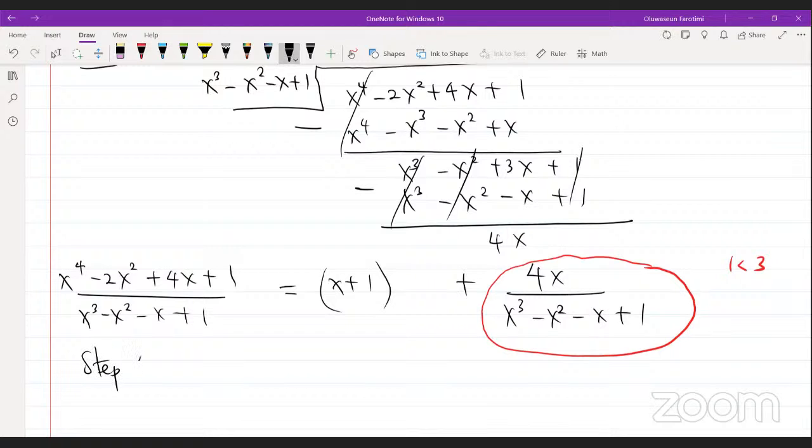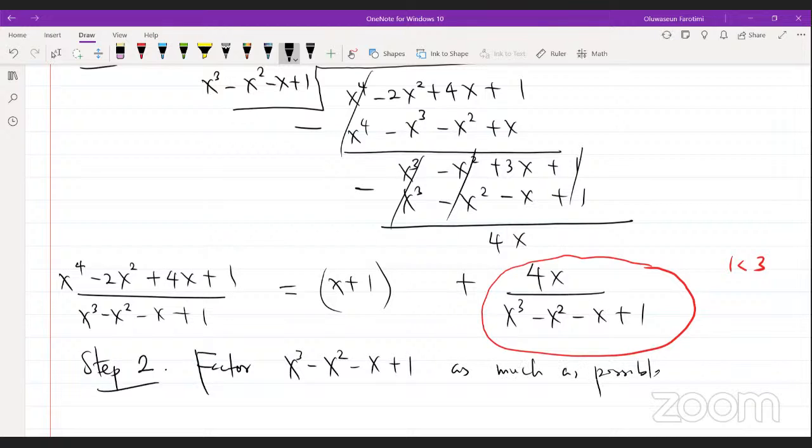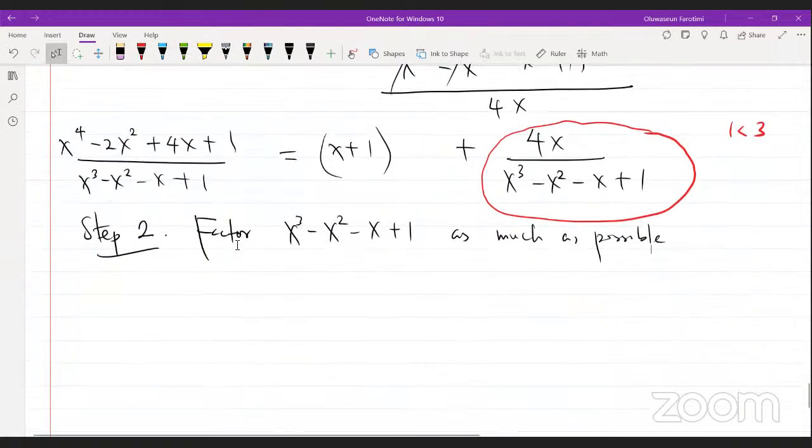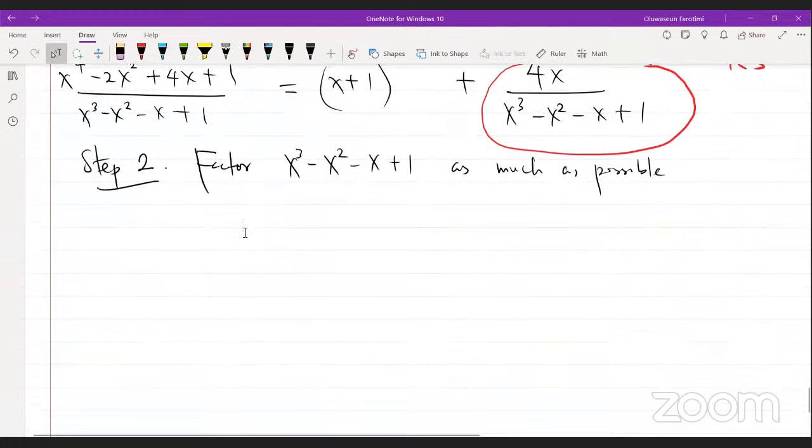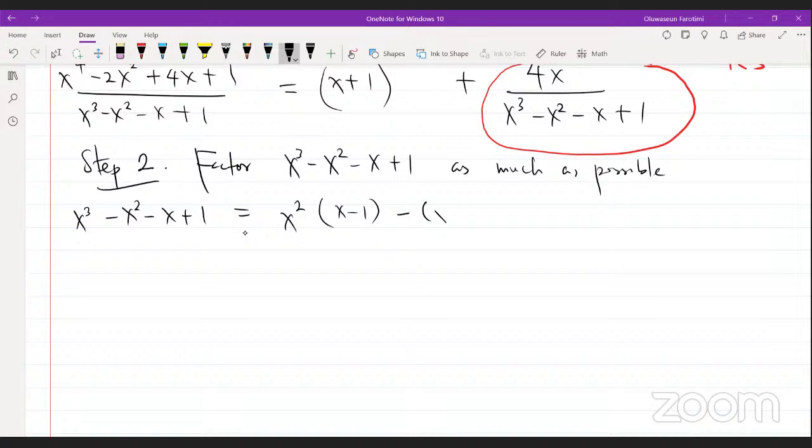So let's call it step 2. Factor this as much as possible, right? If I factor it, you have x cubed minus x squared minus x plus 1, which is equal to, I bet you might have to remind yourself how to do this type of factorization.